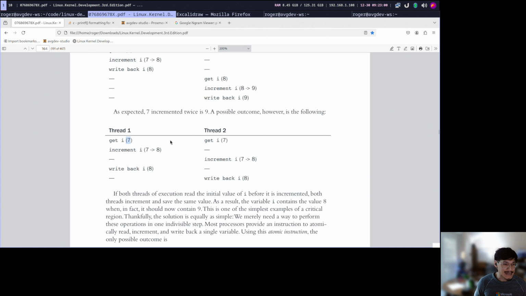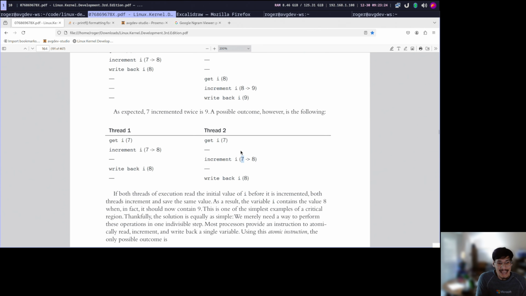Now thread 1 is going to increment whatever's in the register, from 7 to 8. Thread 2, something happens, it's kind of slow, whatever. Eventually it gets to it, and it's going to increment in its own register. It is 7 still, because that's what it was in its register.